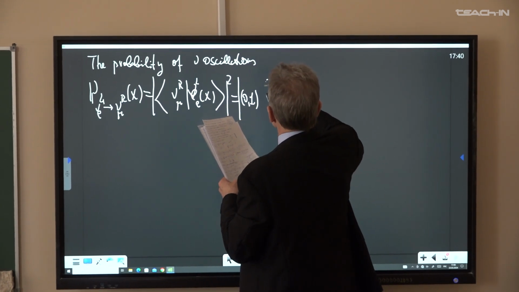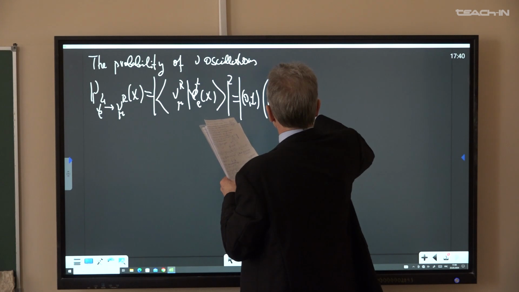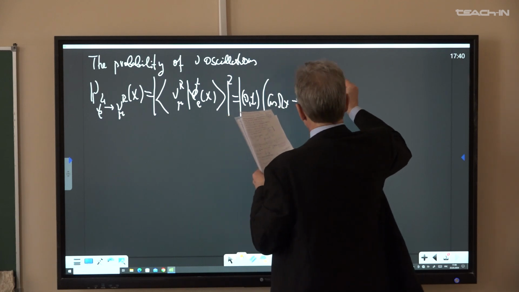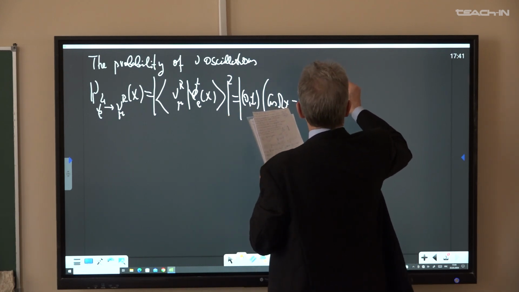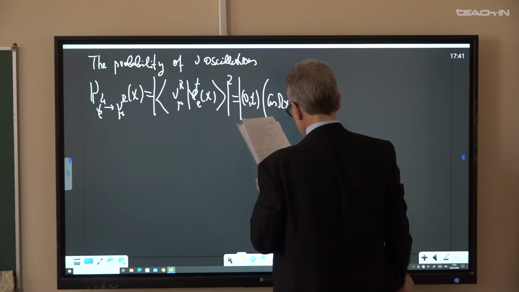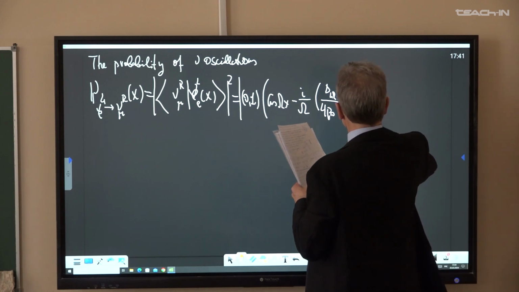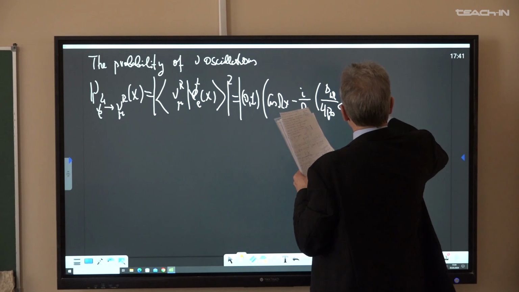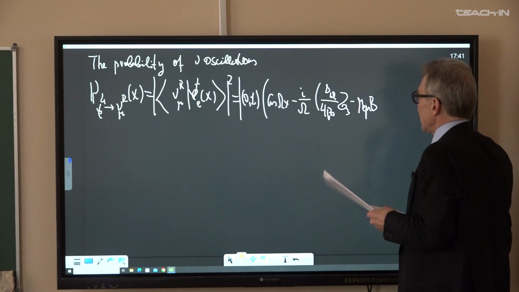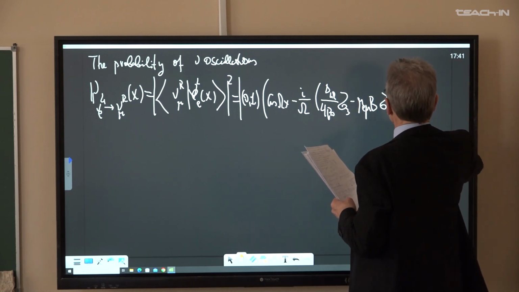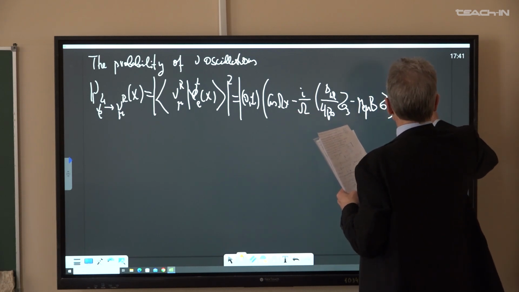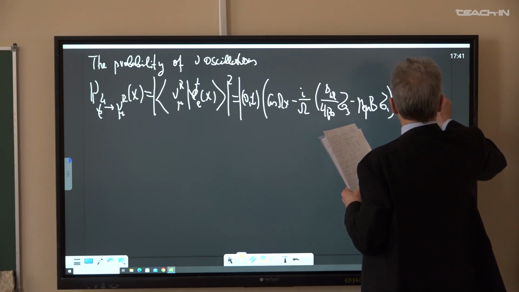Cosine omega x minus i divided by omega, delta LR divided by 4 energy sigma 3 minus magnetic moment multiplied by the strength of the field and multiplied by sigma 1. Okay? And everything should be multiplied by sine omega x.